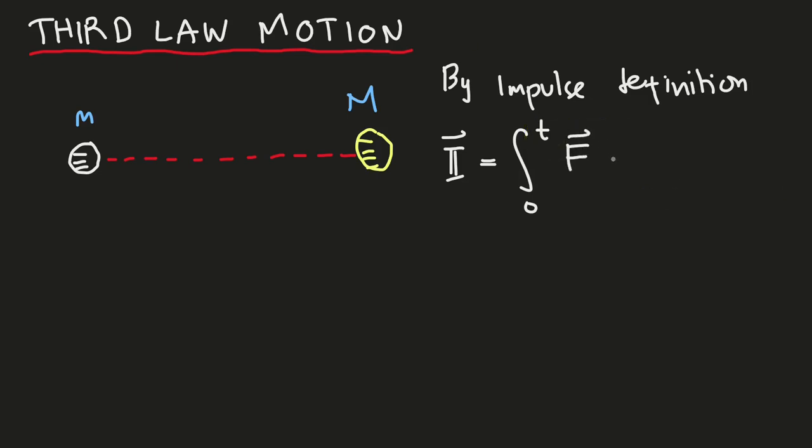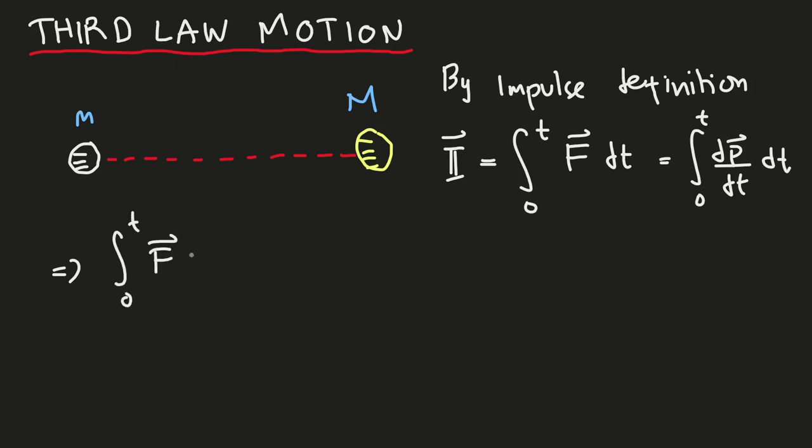So by taking the integral of F with respect to t, and by the definition of F by the momentum vector, we will get that the result of this integral is the difference between the momentum vector at t and at 0, which is equal to 0.